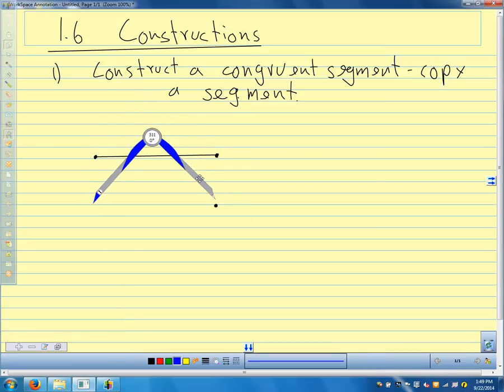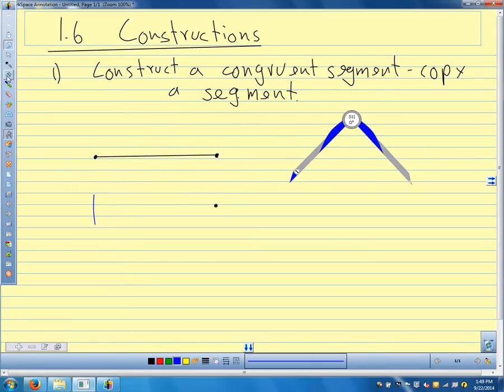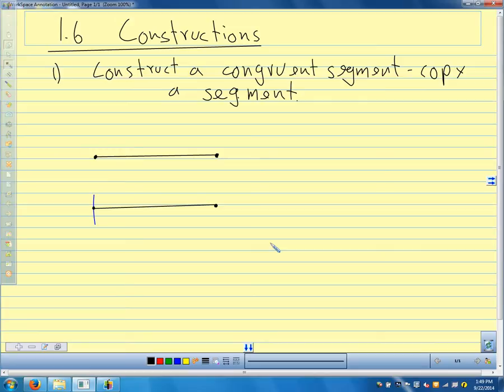Move it down so the point is on the end point of my other segment. Make a little mark. Move the compass away, and then with a straight edge, you're going to connect the point that you have to the little mark that you made. Make sure that this length is the same as that length.